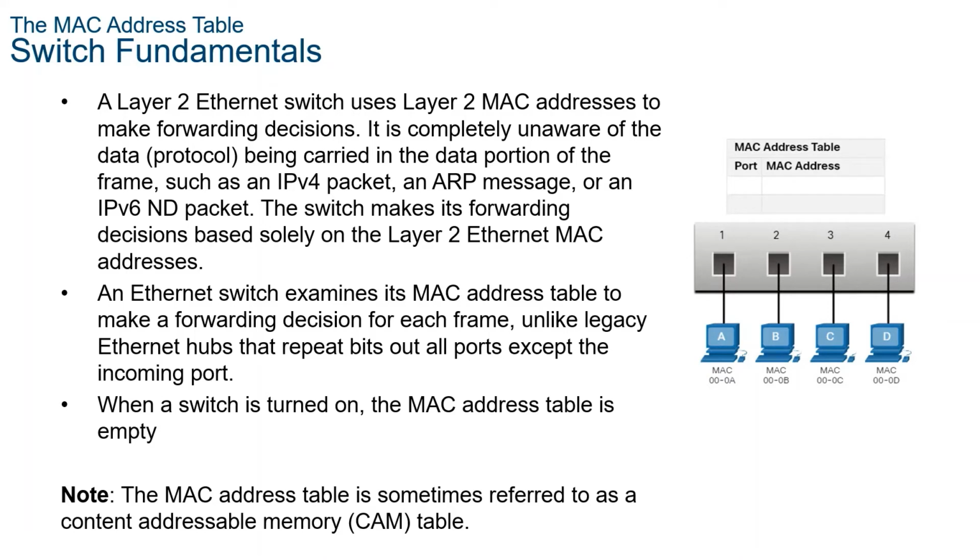The switch makes its forwarding decisions based solely on the layer 2 Ethernet MAC addresses. An Ethernet switch examines its MAC address table to make a forwarding decision for each frame, unlike a legacy Ethernet hub that repeats each frame out all ports except the incoming port.